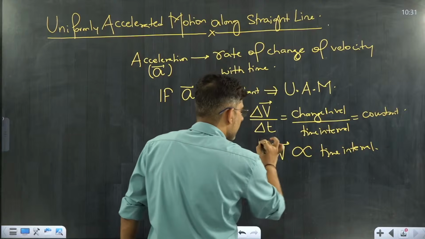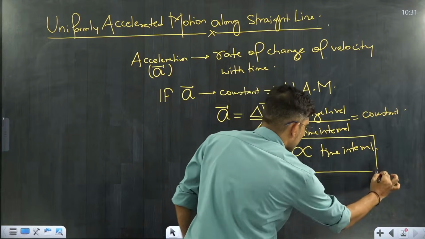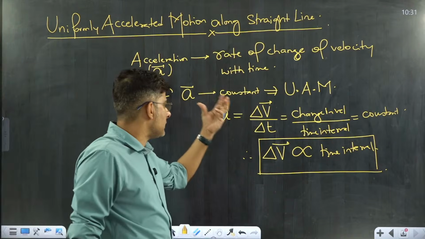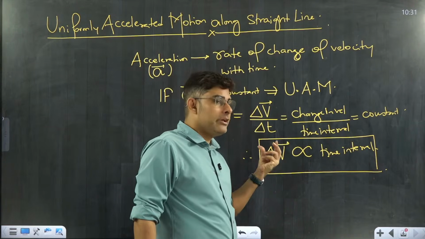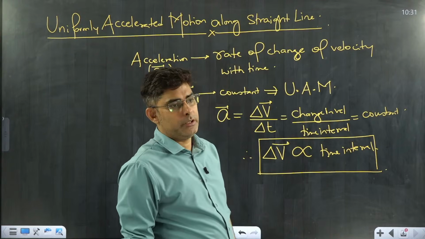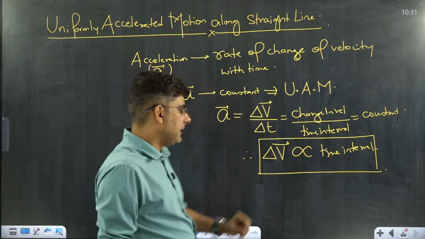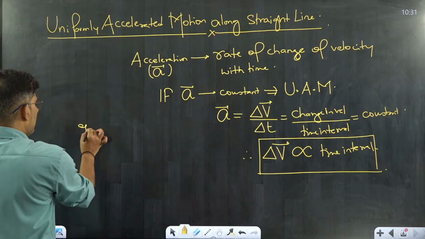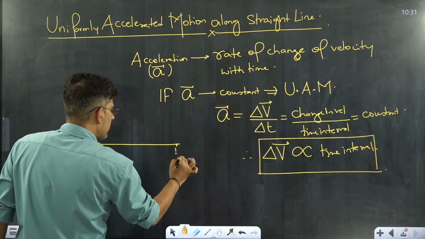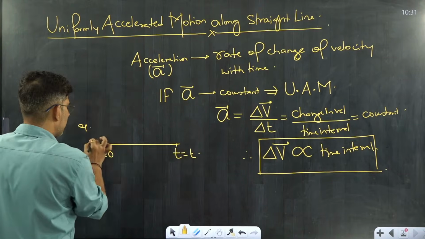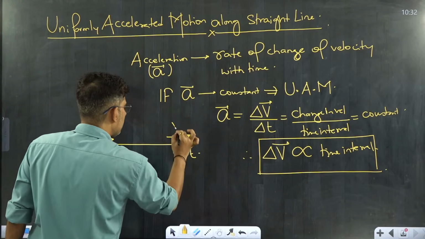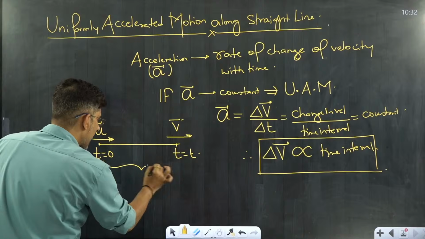So whenever we have uniformly accelerated motion, the basic concept that you have to keep in mind is that when acceleration is constant, the change in velocity in any time interval will be directly proportional to the time interval. That's it. So suppose we have t equals 0, t equals t. Suppose the velocity was u and it became v in this time. What is the time interval?